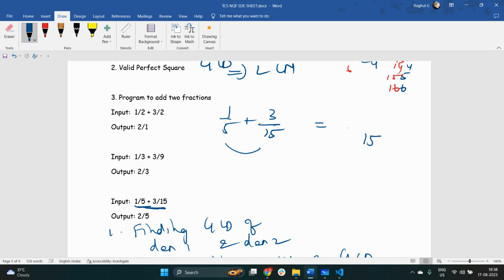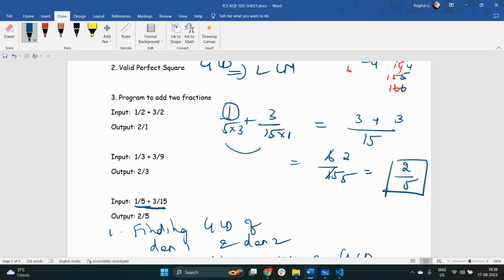What times will give you 15? That is 3, so we multiply by 3, and 15 times 1 is 15. So I'm going to have 3. So 3 plus 3 is 6 divided by 15, and it can be cancelled. It is divisible by 3, so 2 over 5, which gives us the answer 2 by 5.